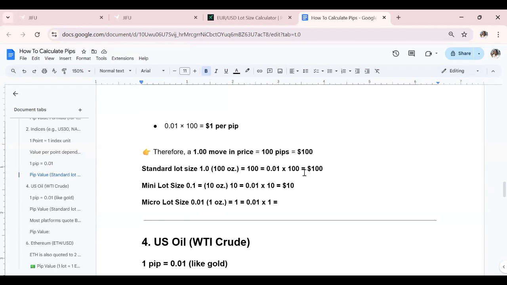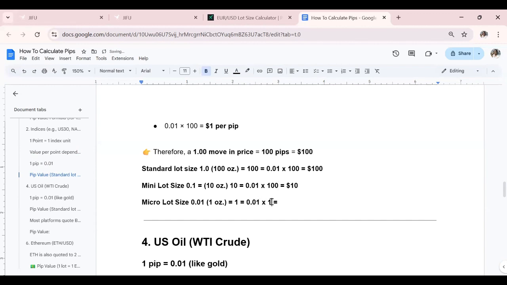A standard lot size will give you this thing if it moves by 100 pips. All of them moved by 100 pips.